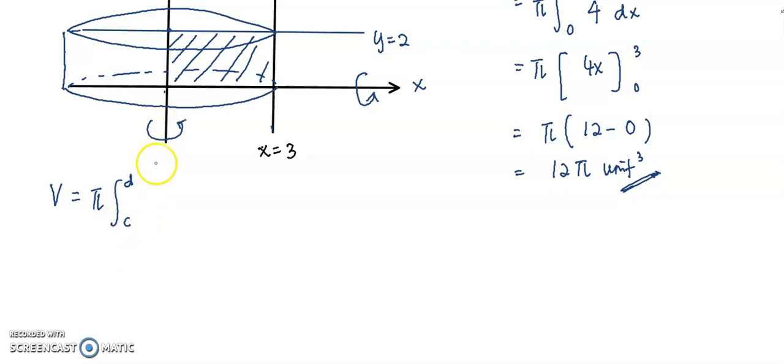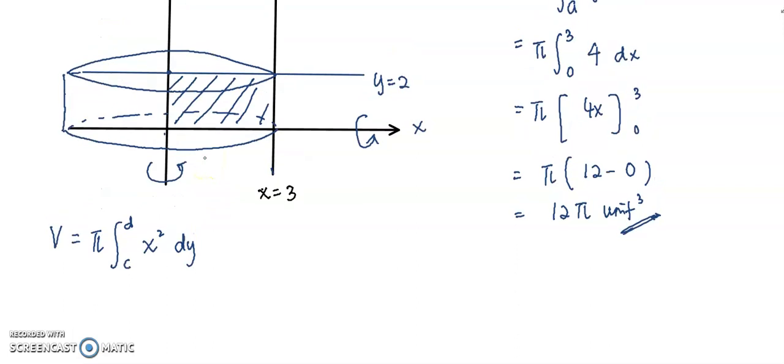For this case it is 0 to 2, so c is 0 and d is 2, and we're going to integrate the function x squared with respect to y. And how do we get the x squared? When it is rotated about the y-axis, we refer to the function of x, which is x equals 3, because this curve bounds the region.